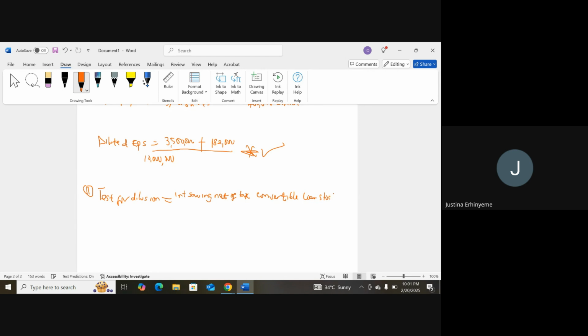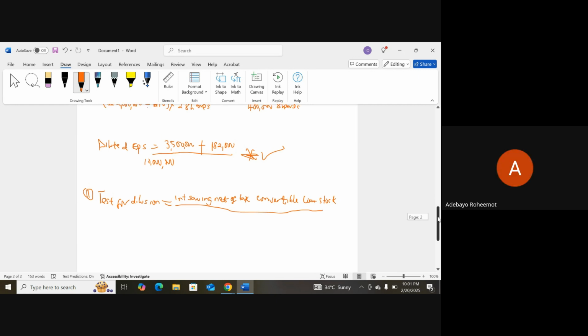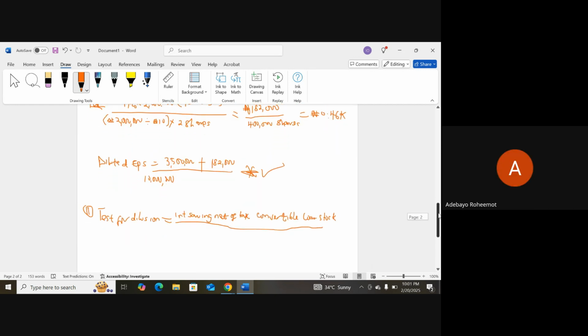5 naira divided by 5 naira, all over the number of ordinary shares that will be exchanged for convertible loan stock.